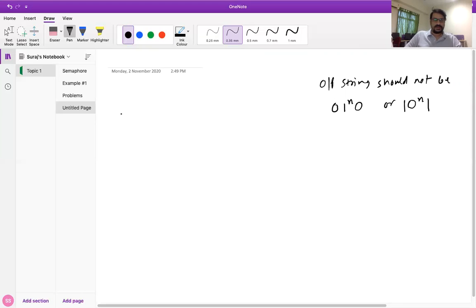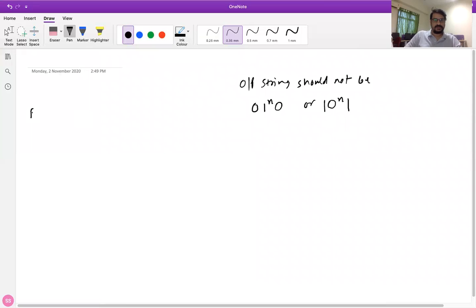And we have the same process. So we have process P, we have process Q. The code is also the same.